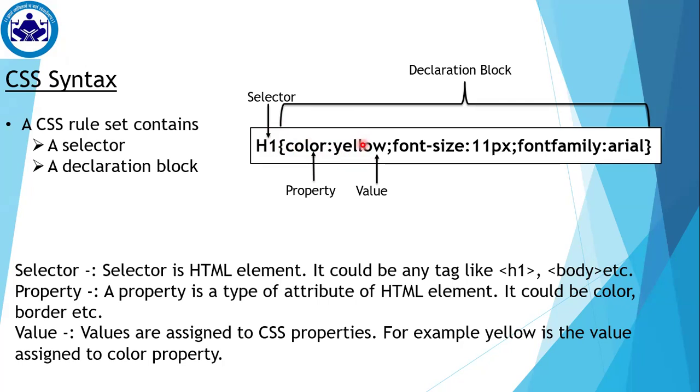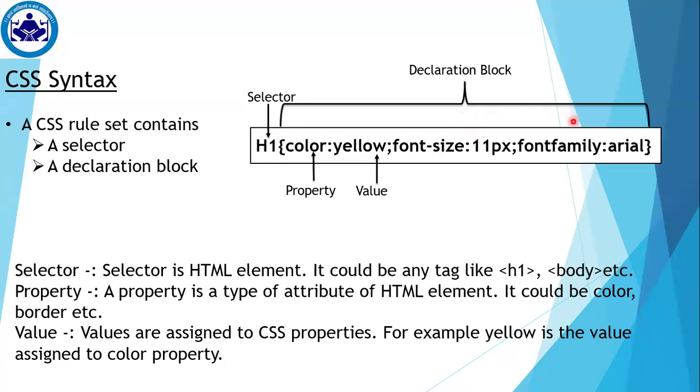Now we can use multiple properties for the same selector. Here, as you can see, we are using another property, that is font size. It will change the size of the font to 11 pixel. So 11px is the value of the property font size.